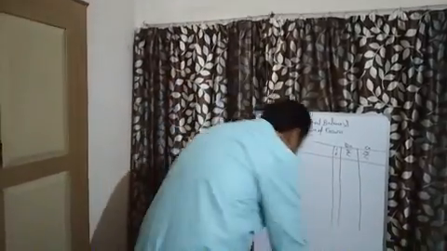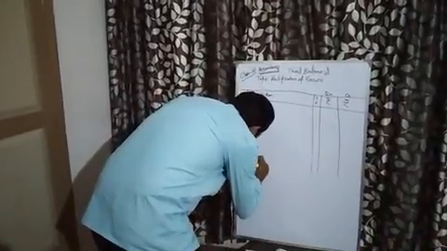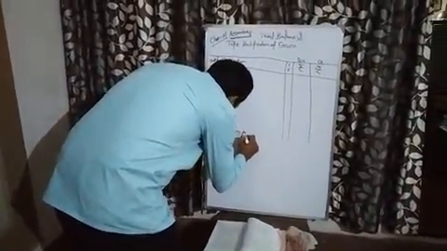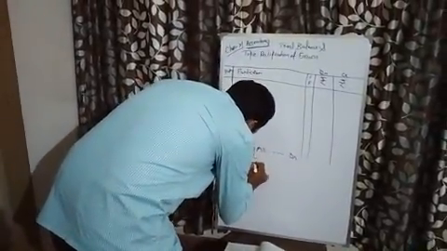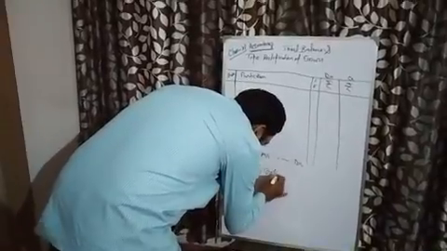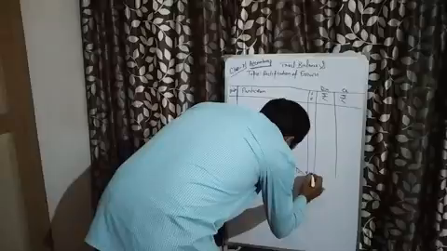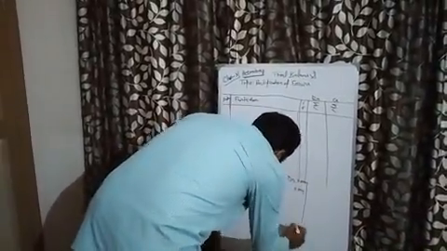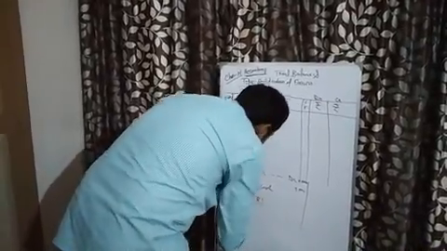The right entry is salary account debit to cash, 5,000 and 5,000. This is the right entry.